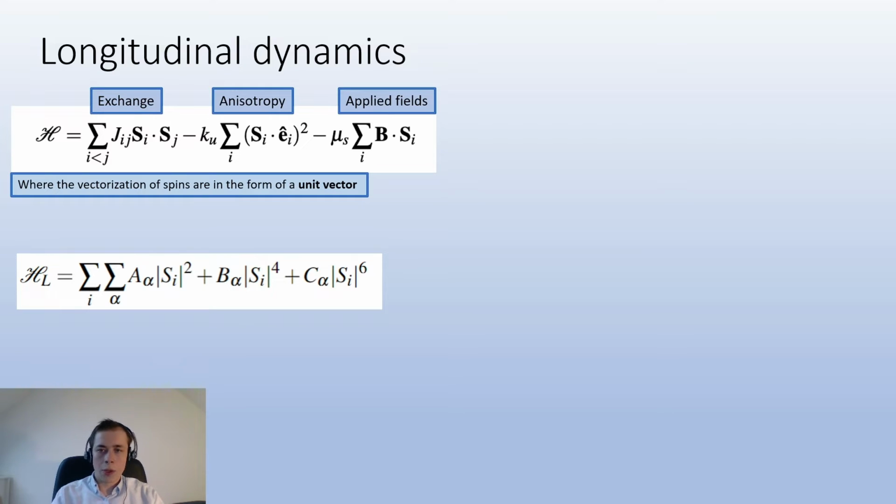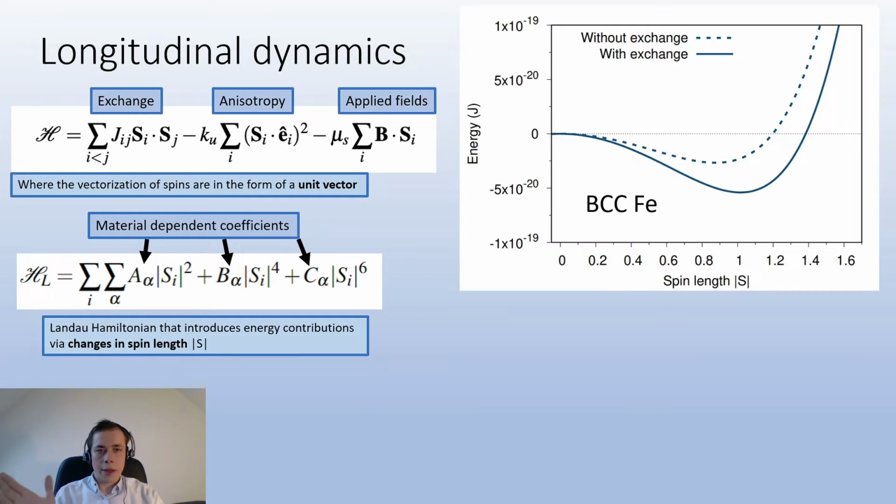So what we can do to start introducing longitudinal degrees of freedom is to extend this Hamiltonian via what is known as a Landau Hamiltonian that has 3 material-dependent coefficients that allow for a dependency with the spin length of the system. So it basically allows for an energy variation with respect to spin length. And to aid the visualization of this, I've included an example for BCC iron.